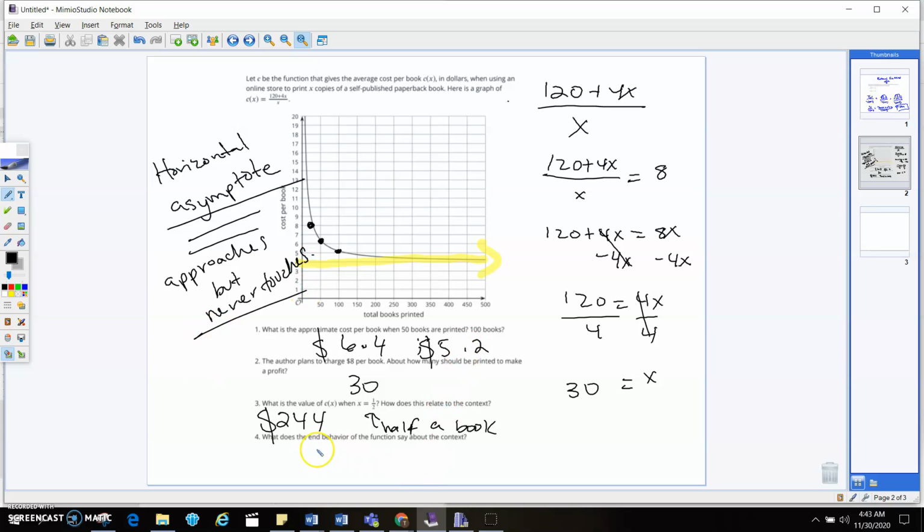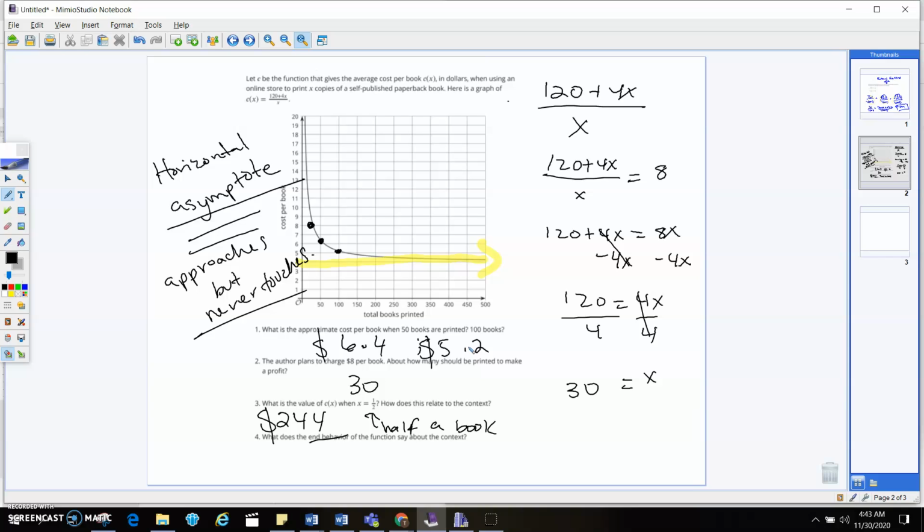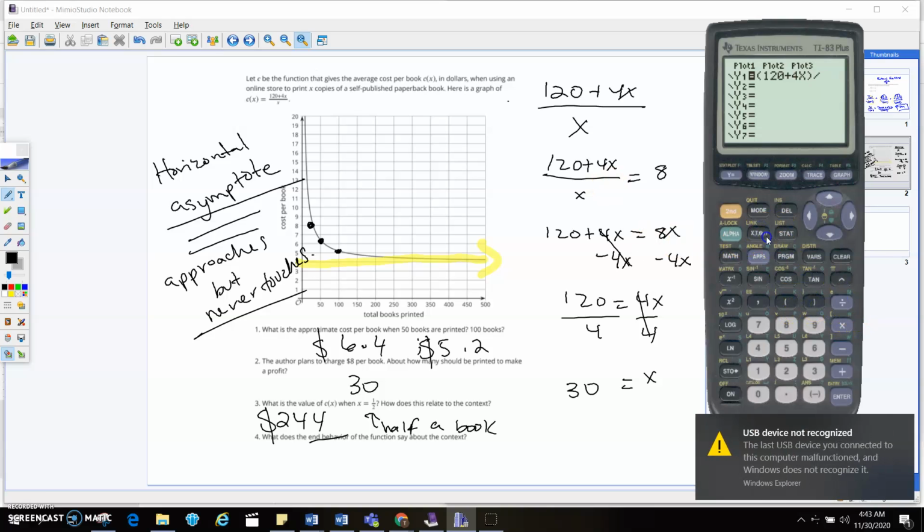Cool. Okay, so end behavior is where it's approaching at the end. We see how it's getting closer and closer to 4, but it never actually touches 4. The reason I can check this in my graph, like this snippet of the graph, is if I go into my graphing calculator and type this function out, and remember, it's really important to use those parentheses, divided by x.